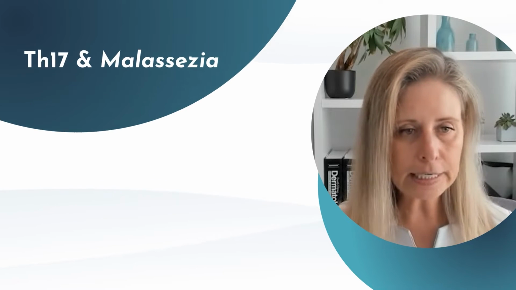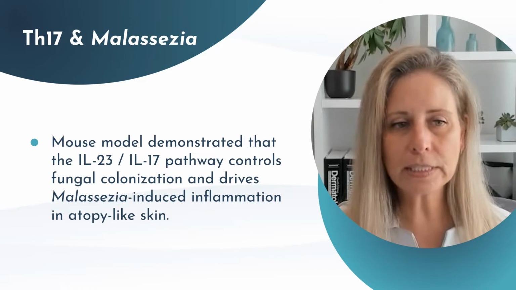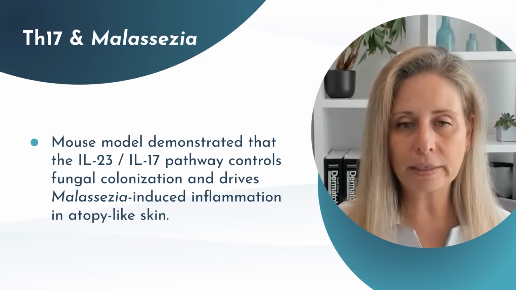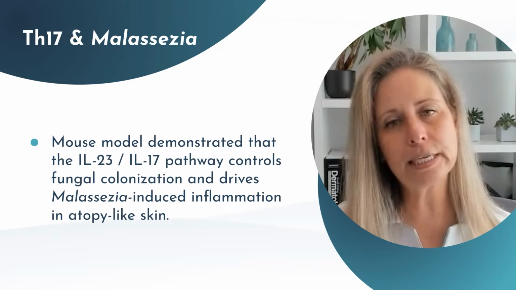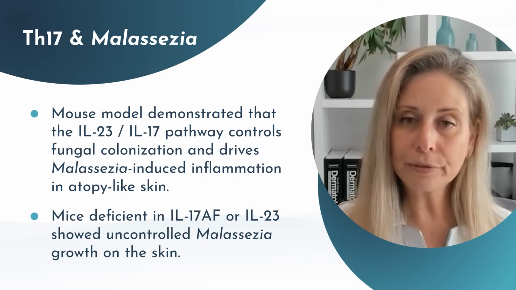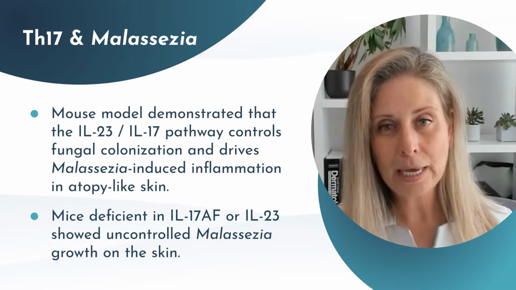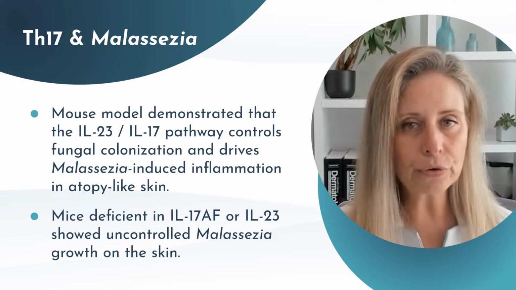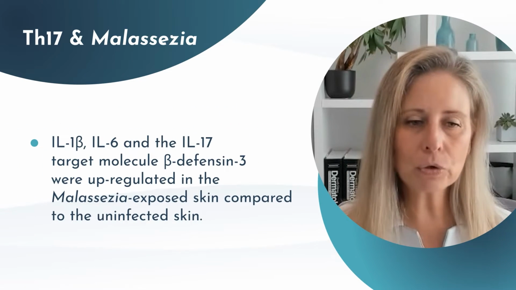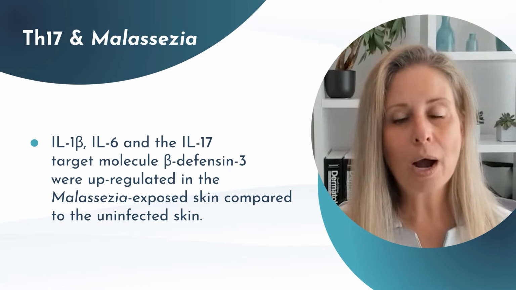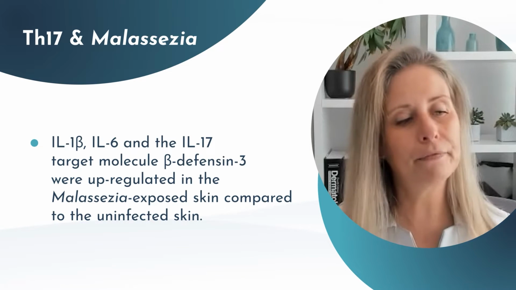It was a study done in a mouse model, and it showed that it's this IL-23, IL-17 pathway that controls fungal colonization, and it's what's driving part of the Malassezia-induced inflammation. Mice that were deficient in IL-17A through F or IL-23 had uncontrolled Malassezia growth on their skin, so they couldn't get it under control. And IL-1 beta, IL-6, and IL-17 were upregulated in Malassezia-exposed skin compared to uninfected skin.